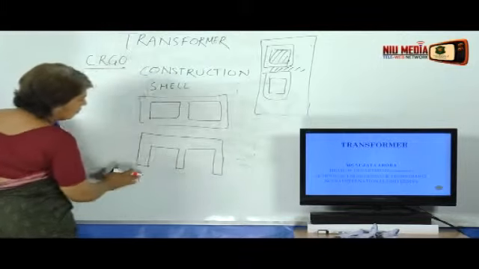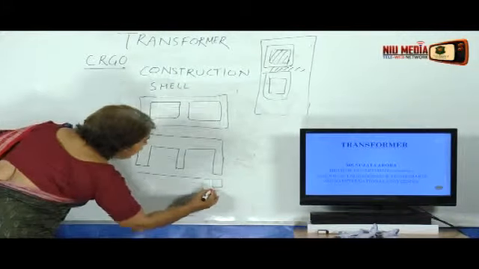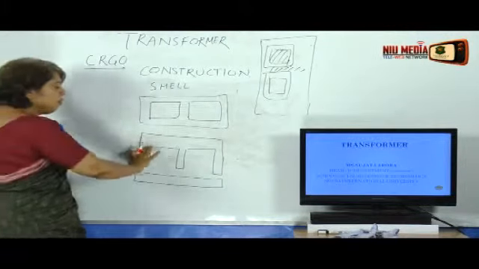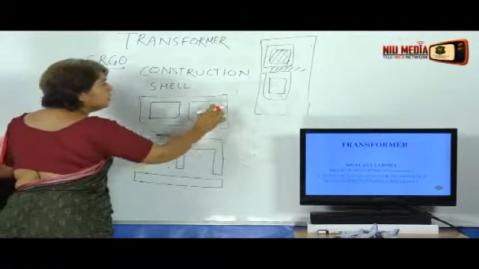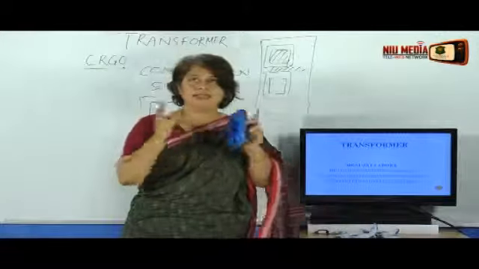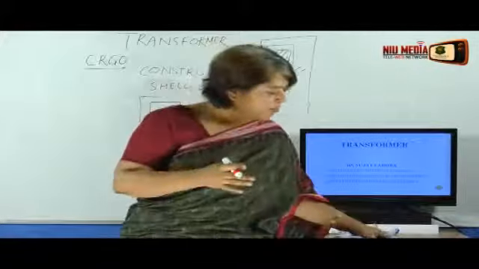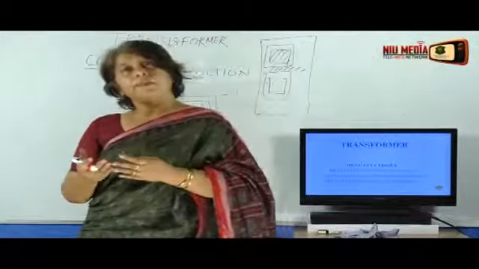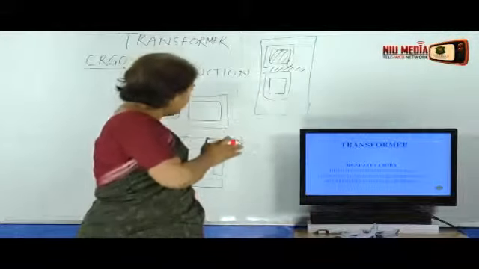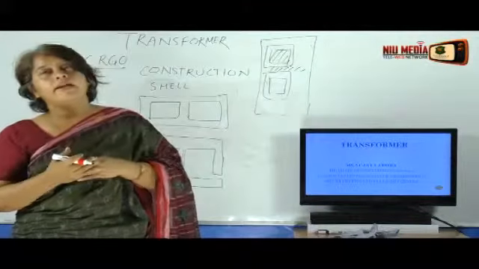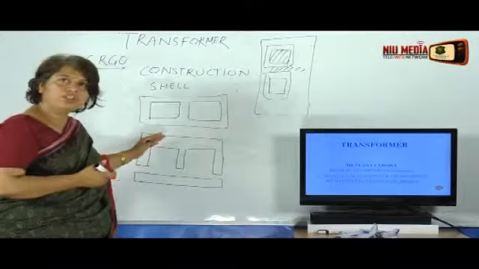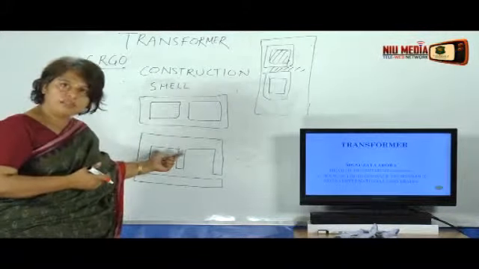This is an E strip and an I strip joined together to form a single lamination of shell type. So, again, a single lamination is formed from the E and I strip. Then these laminations are joined together and put into the oven to form a solid rectangular shell type core in the transformer. So, this is the construction of the core of the transformer.